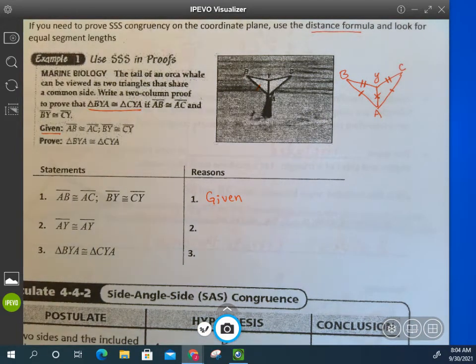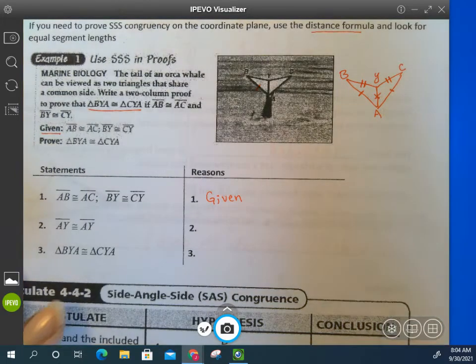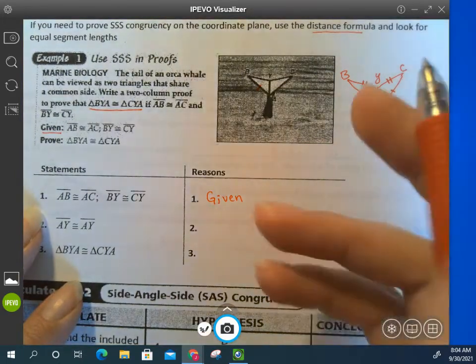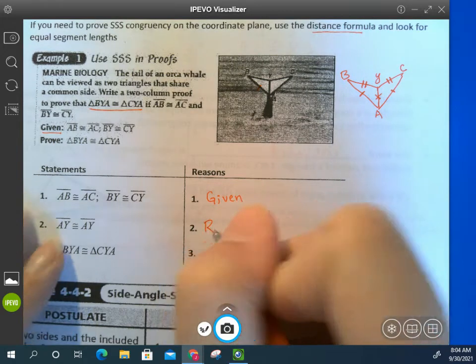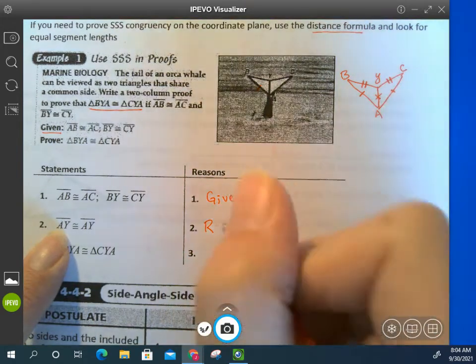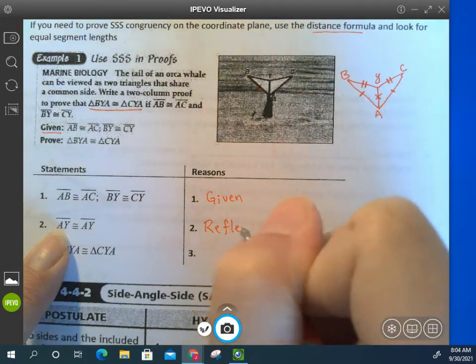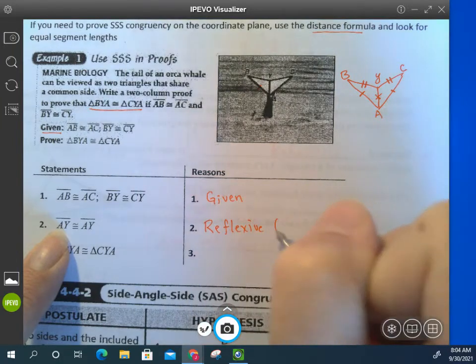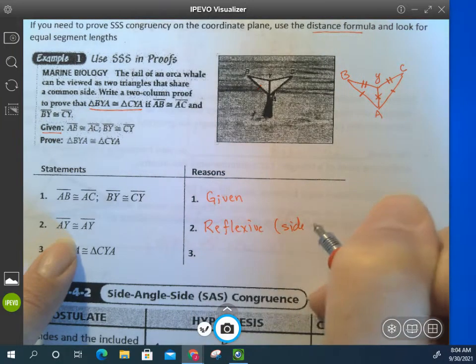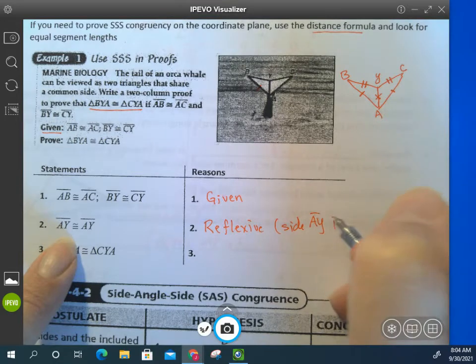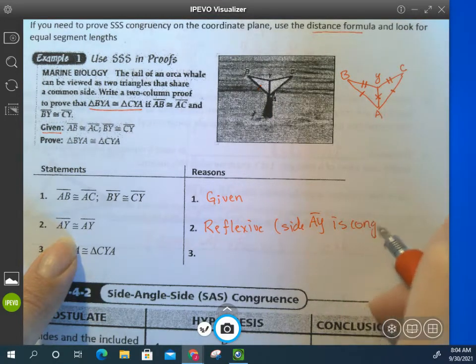It was the reflexive property. I'm not going to be picky on properties in here because it's not a full year course. But why is AY congruent to AY? It's congruent because of the reflexive property. I'm just going to say side AY is congruent to itself.